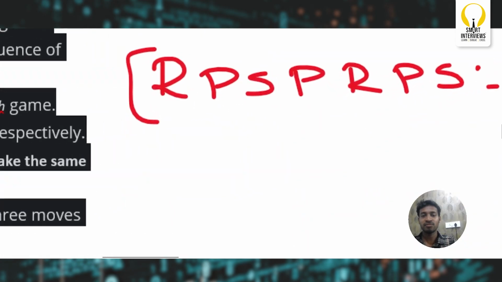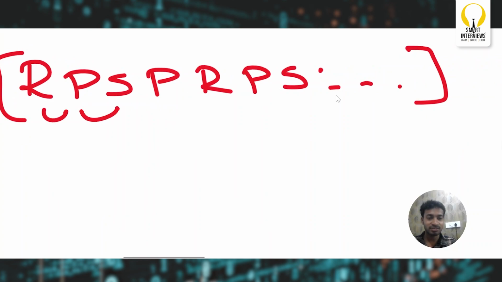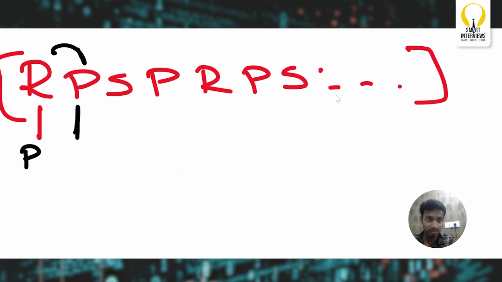Now if these are the moves that we have, obviously if the adjacent moves are not same, at this position, what you're going to choose in order to make player 1 win? Obviously it is paper. Again, the move that you're going to choose at this position will be for sure different, because these are two different moves by player 2.